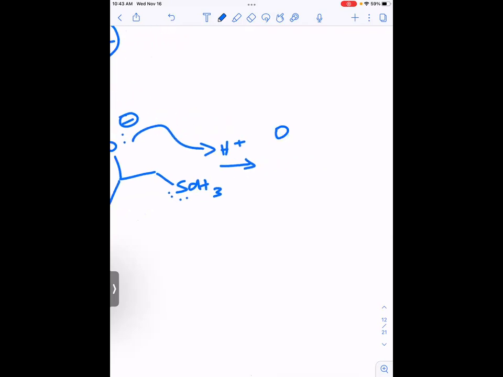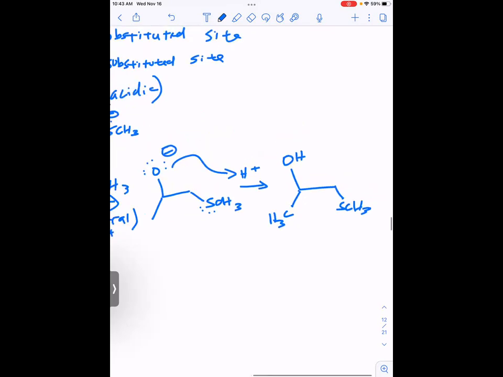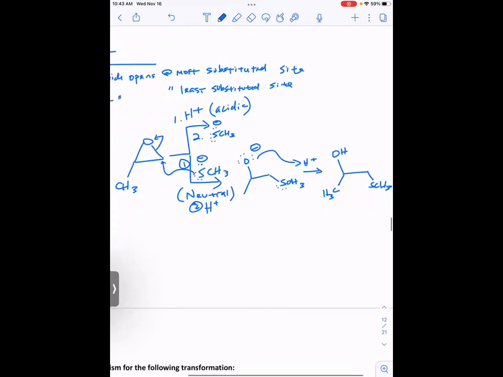So you'll have this, like that. Right, so under neutral conditions, you just again attack the more substituted side, pop it open, and then quench it at the end. That's what the H plus is for, just to do a proton transfer to neutralize that oxygen.